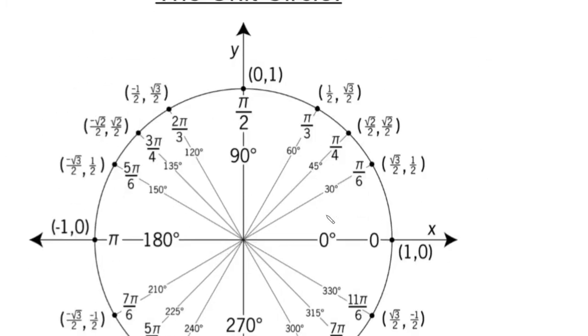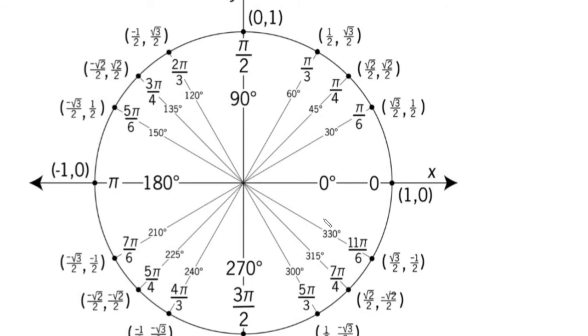So this is the unit circle. You should have a printed version of this given to you on the day that you do this lesson. This looks like a lot. It gives you an xy, so this is actually on the coordinate plane, where this is the origin.